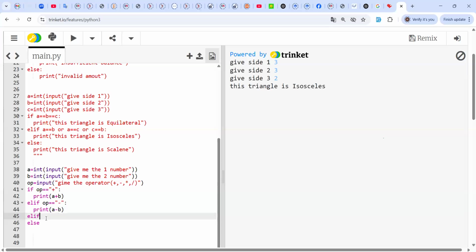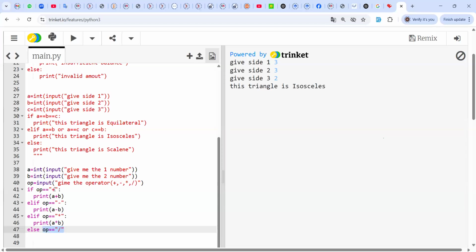And for this one, we are going to test if the operator is equal to the multiplication, and print A multiplied by B. And for this last one, are we going to write operator is equal to something or not? No, we cannot write this.